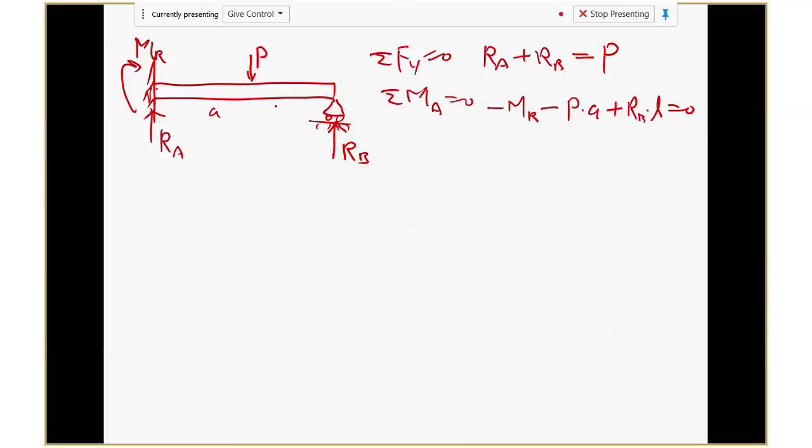Now what if you add another support here? Determinate or indeterminate? Definitely indeterminate, because when you add 1, it's already indeterminate. 3 unknowns. Now you add another one, you have 4 unknowns and 2 equations. So it's a higher level of indeterminate. And we actually call this the degree of indeterminacy.